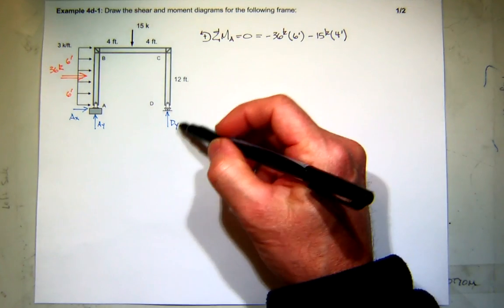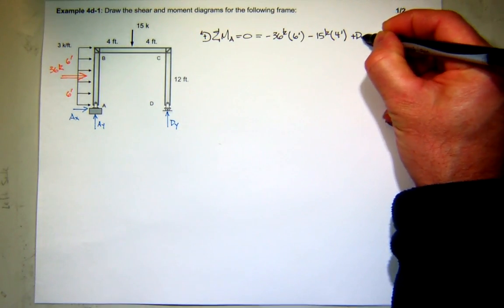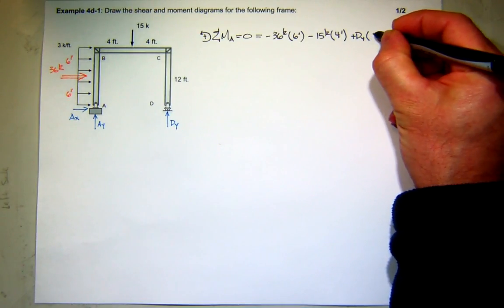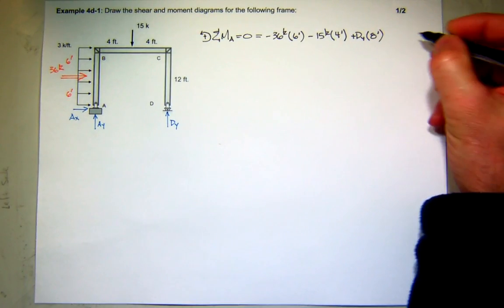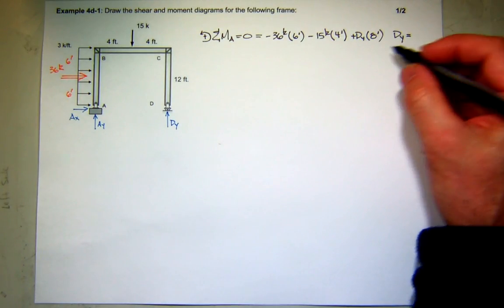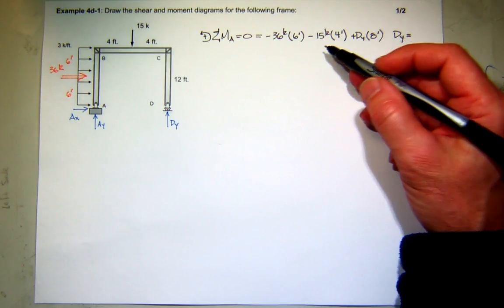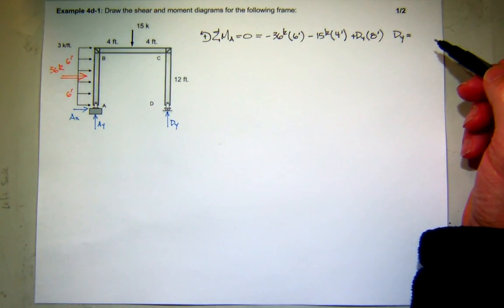And then the thing I don't know right now, dy, is going to create positive moment and have a moment arm of 8. So what's dy equal to? What is it?